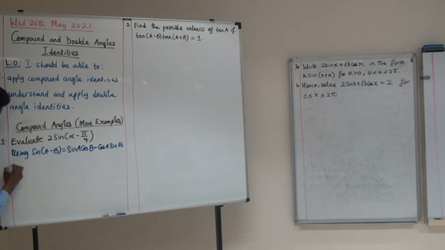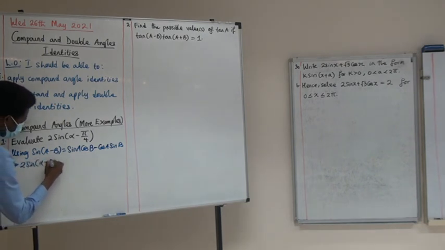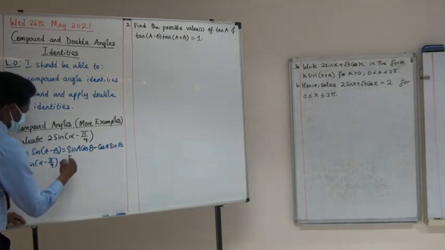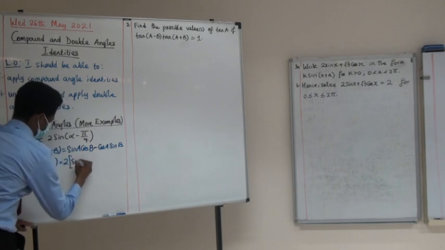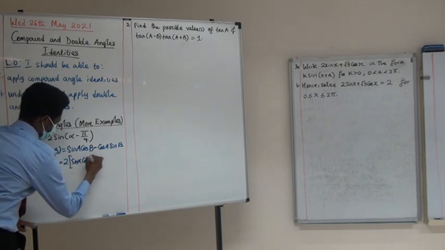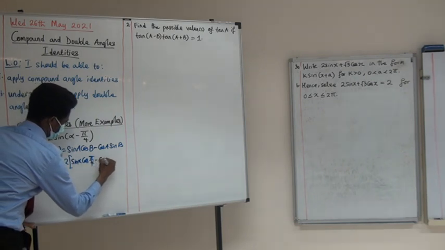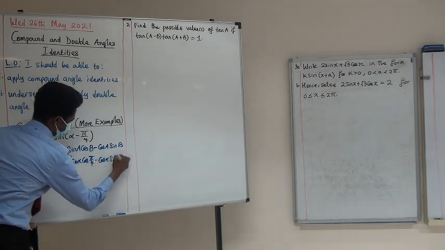Using this, it implies that 2 sine of alpha minus pi over 4 will be 2 bracket sine alpha cos pi over 4 minus cos alpha sine pi over 4.